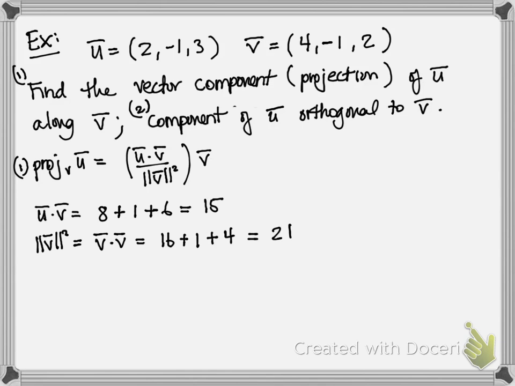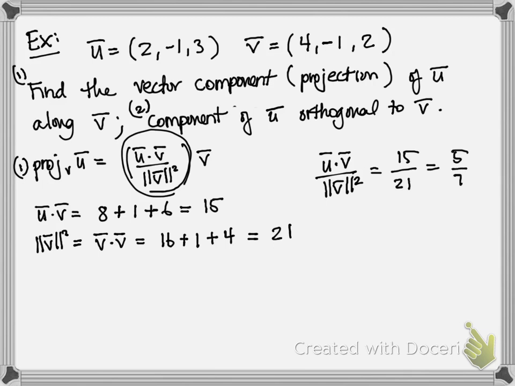So this fraction here is just 15 over 21. And I guess that reduces to 5/7. And I just take this and I multiply that by V. I just scale V by 5/7. So the vector projection of U along V is just 5/7 times V.